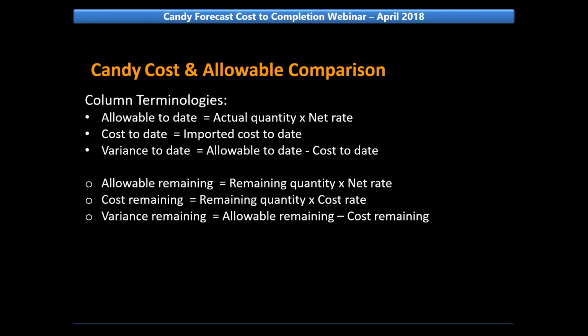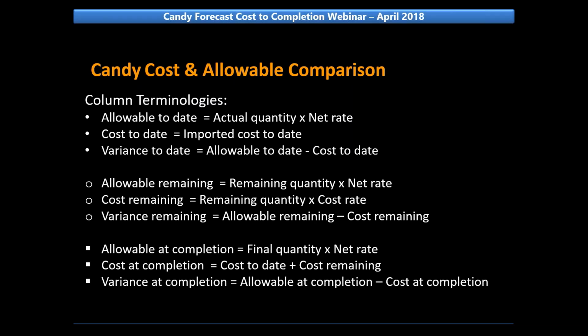The remaining quantity is calculated based on the final quantity minus actual quantity. So allowable remaining is based on remaining quantity into the net rate, or the budgeted rate, and then cost remaining is calculated based on remaining quantity into cost rate, and then variance remaining is the difference between allowable and cost. So in this case, it is the difference between allowable remaining and cost remaining.